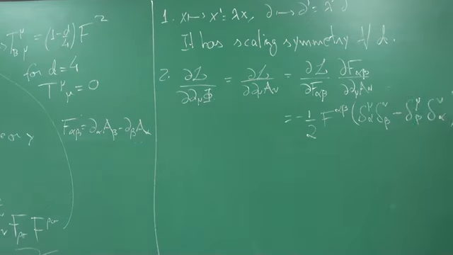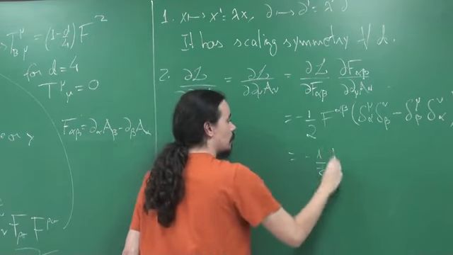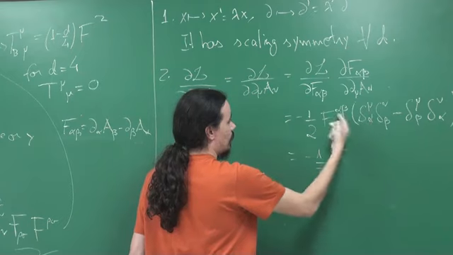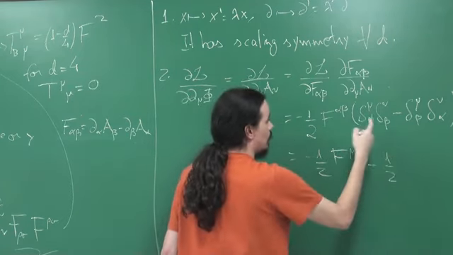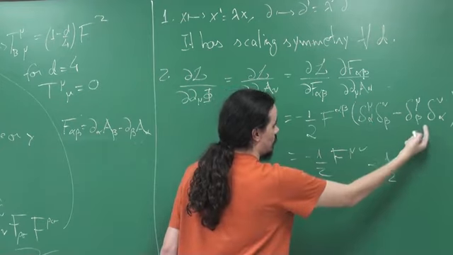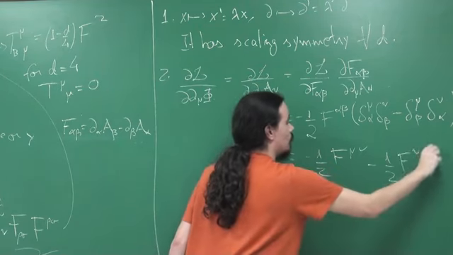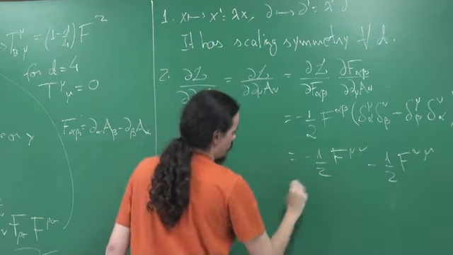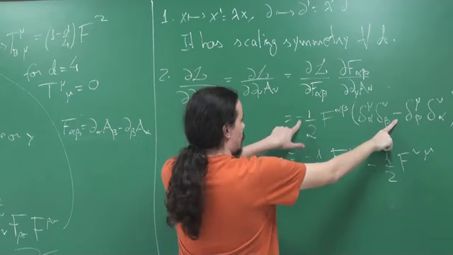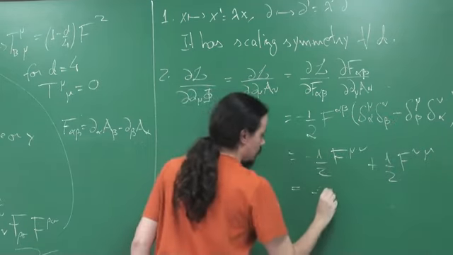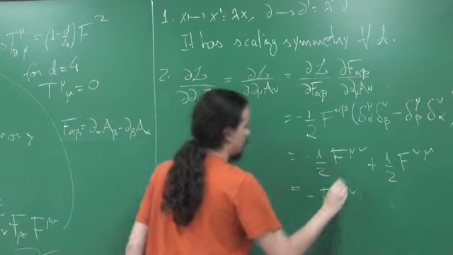Okay? Now just do these contractions. The first one, alpha beta, becomes nu. Then alpha becomes nu, and beta becomes nu. But since the field strength is antisymmetric, minus is plus, then you obtain just minus f mu nu.